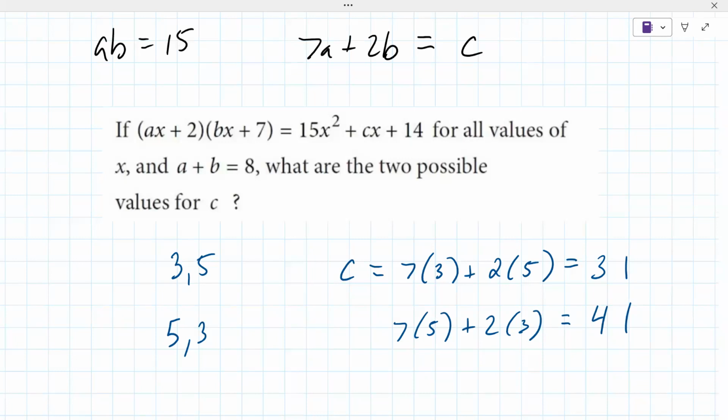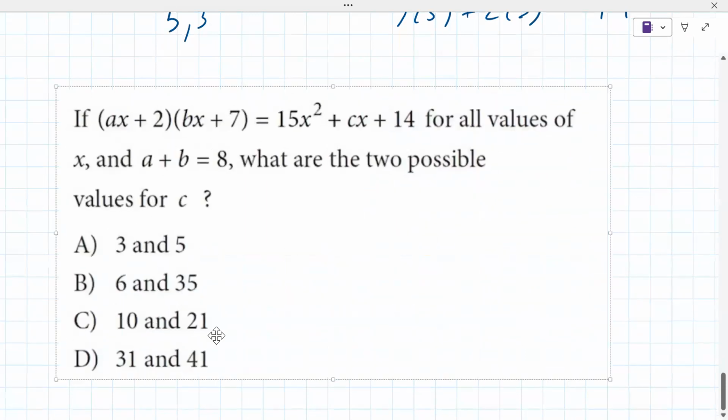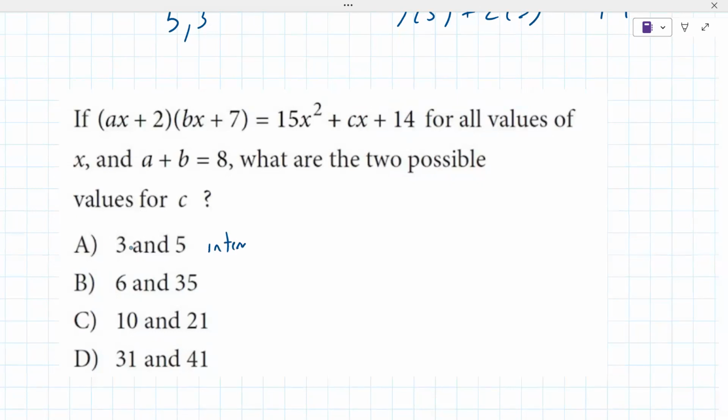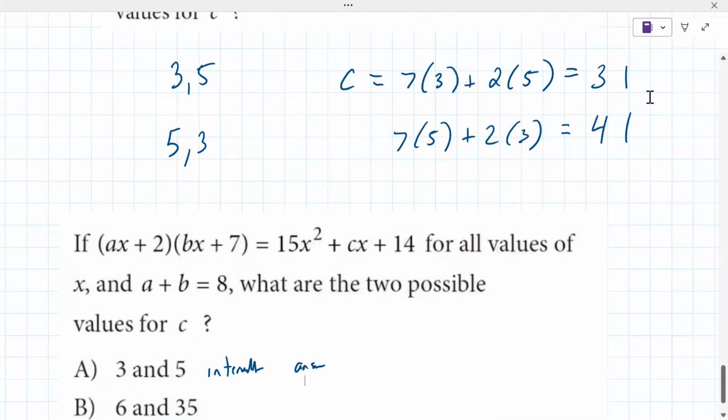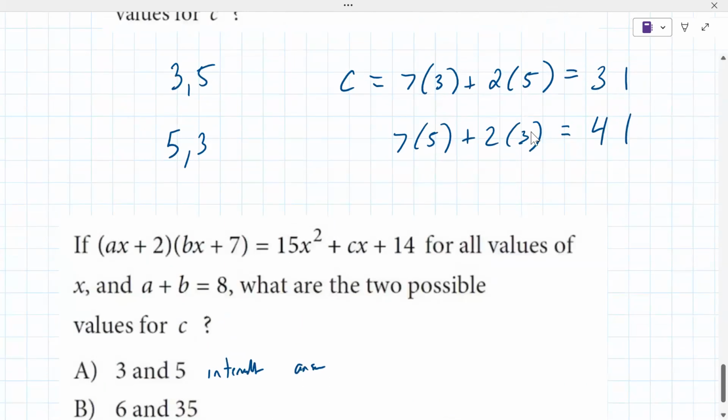Which is why the thing I was trying to avoid was having you give me A as the answer, because A is the most common wrong answer, meaning whenever you get letter A, you should really question yourself: did I actually get the right answer, or did I just get an intermediate answer? This is an intermediate answer. And you're right, we don't know which one is A and which one is B. That's the whole point of this question. That's why they say what are the two possible values for C, because you either get 31 or 41 as your answer.